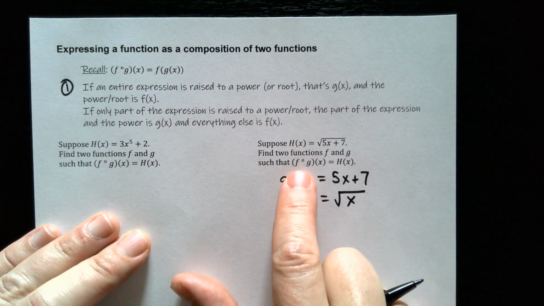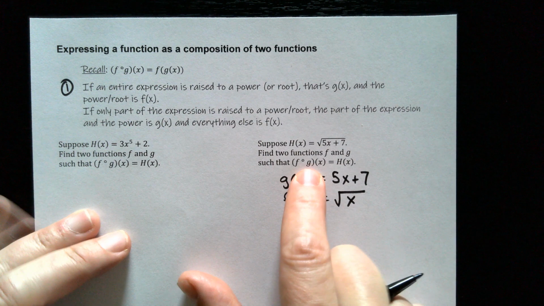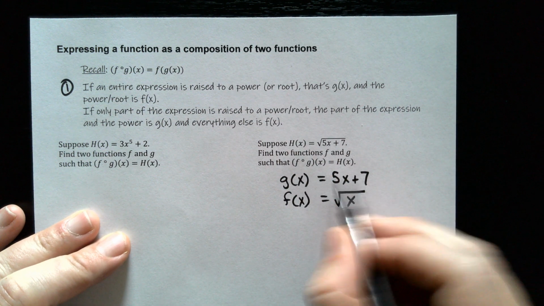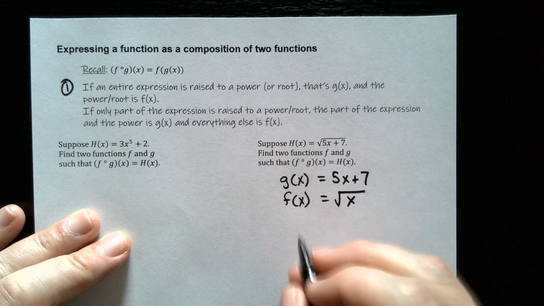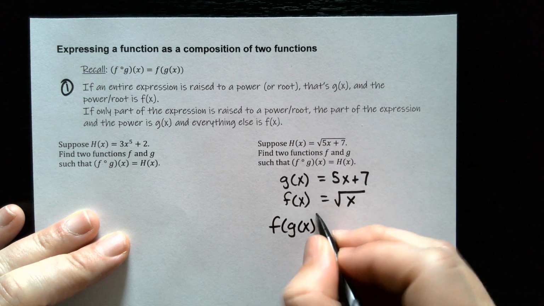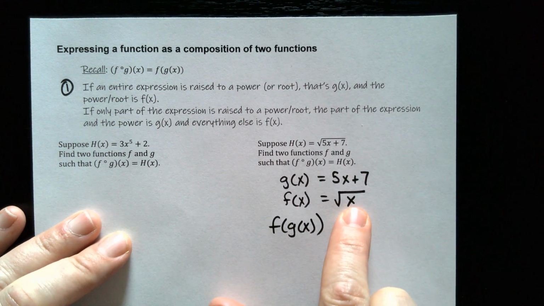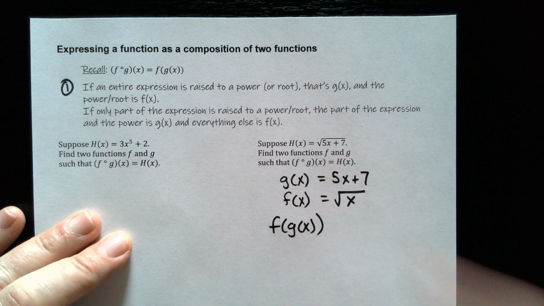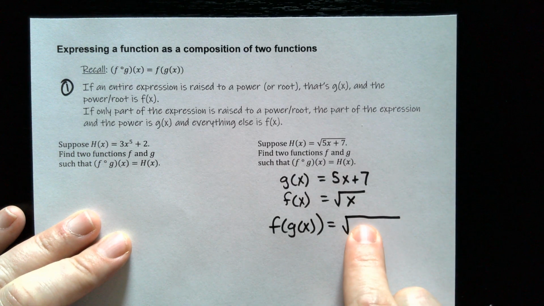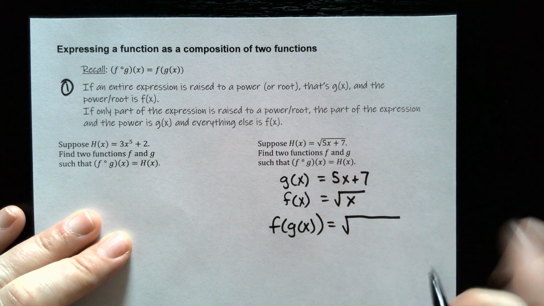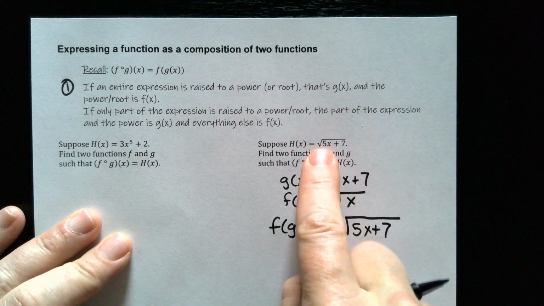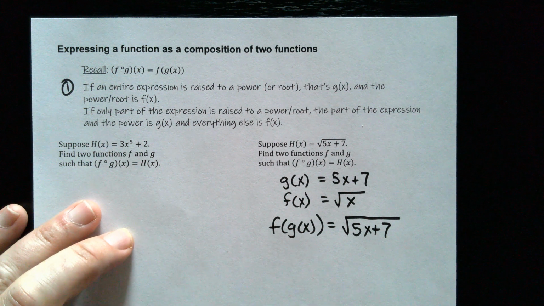When you compose f of g of x, you're going to put g of x inside f of x. So everywhere I see an x, I'm going to put this entire expression. So that would be the square root, and instead of writing the square root of x, I'm going to write 5x plus 7. Now, is that the original? Yes, it is. So we got the two functions correct.